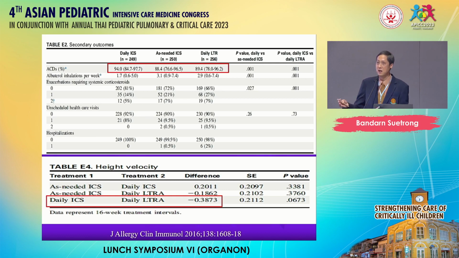So you have to trade off between the growth velocity and the 5% increment in asthma control days. It is up to the parent to choose the medication that gives the 5% increment of asthma control days, or the treatment that might prevent the growth velocity decline of about 1.5 centimeters a year. You have to advise the parent to choose too.